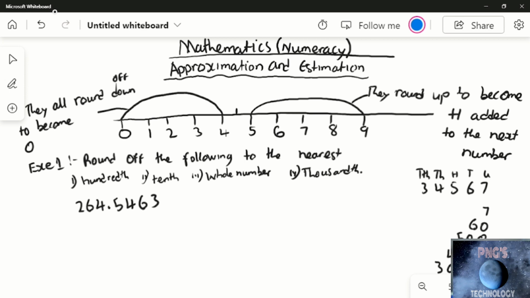So let's do this A. So A1 is equal to the nearest 100. So this is tenth. This is 100. This is thousand.